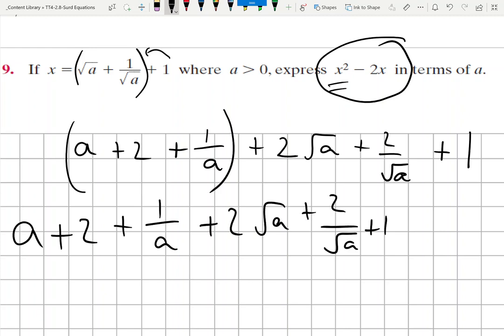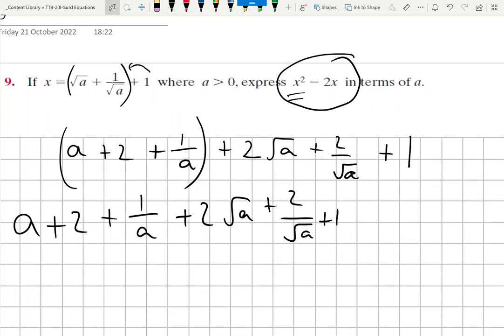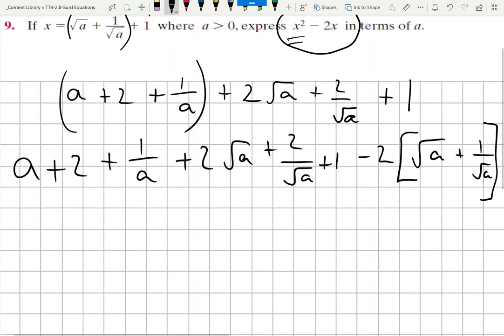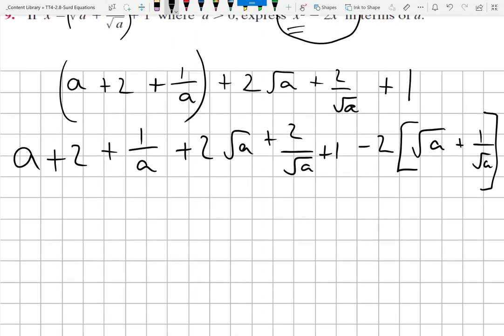So we are now going to take away 2, and remember, don't bite off more than you can chew. So I'll put a root a plus 1 over root a in there. And I'm going to continue on from where this 1 is, because the last thing I want is to have to write all that out again. So minus 2 root a minus 2 over root a.